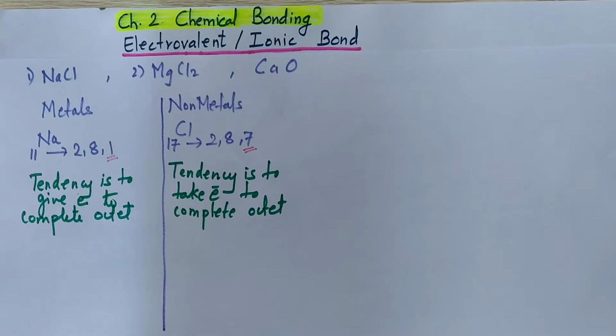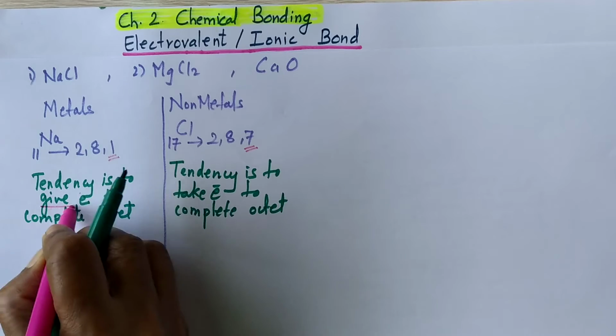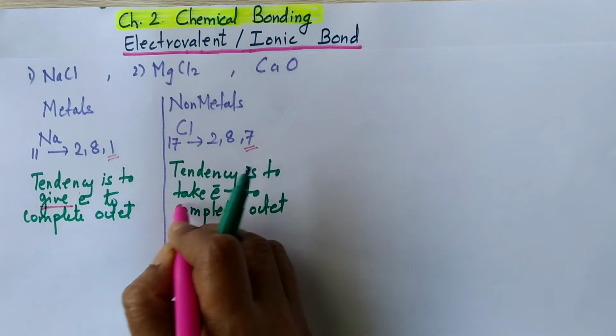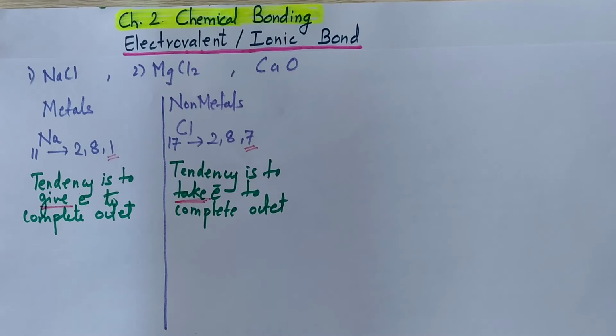Metals have the tendency to give electrons, while non-metals have the tendency to take electrons.